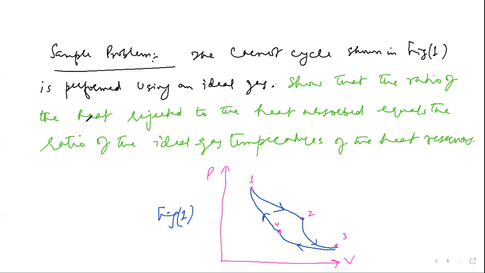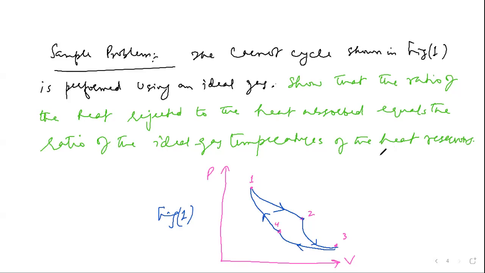Now show that the ratio of the heat rejected, that's mod QC, to the heat absorbed, that is QH, equals the ratio of the ideal gas temperatures of the heat reservoirs, right? We have to show that QC by QH is TC by TH, where TC and TH are the ideal gas temperatures of the heat reservoirs.